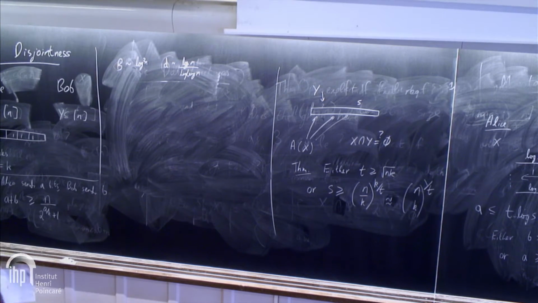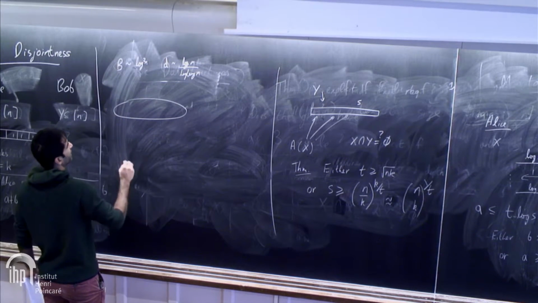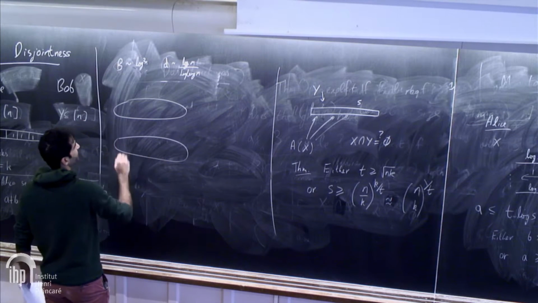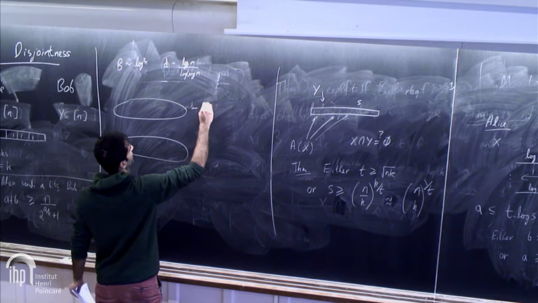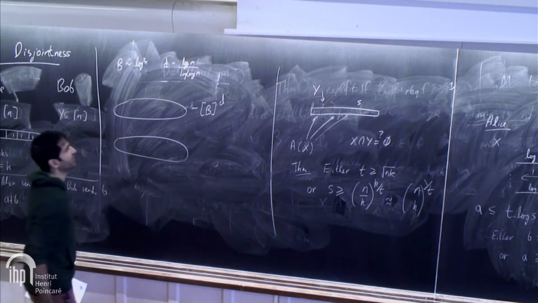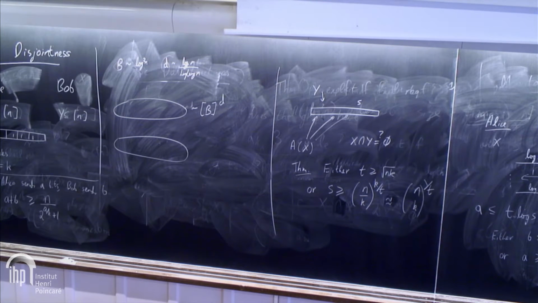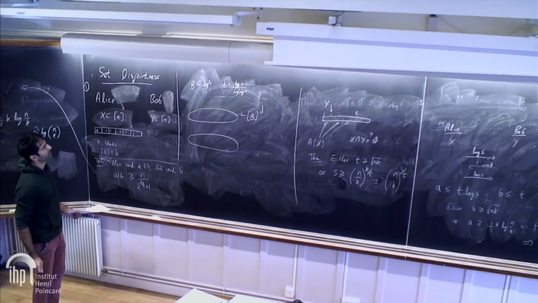Then the graph is going to be a layered graph, where each layer is identified with the set B to the power D. Does it make sense?